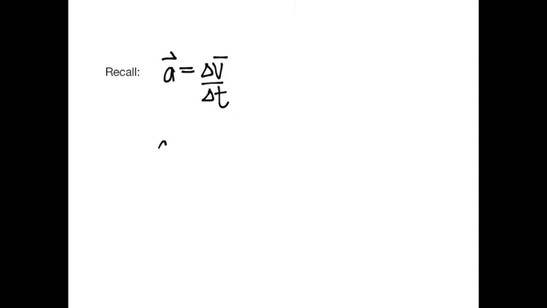The first thing that we can do is rewrite this as acceleration is equal to v2 minus v1 divided by delta t. So what we want to do is get v2 by itself. So we're going to start off by getting rid of this delta t.